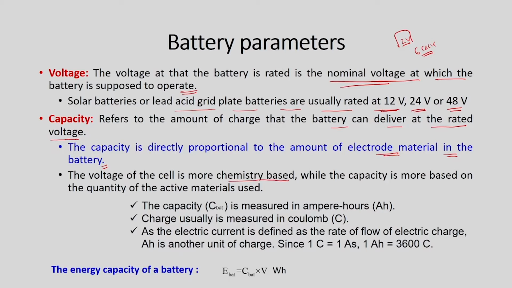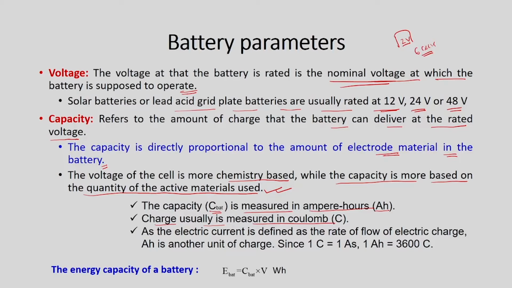The voltage of the cell is more chemistry based, while the capacity is more based on the quantity of the active material used, which is very, very important. The capacity, which is also represented as C bat, is measured in ampere hour. Charge usually is measured in coulomb, that all of us know.